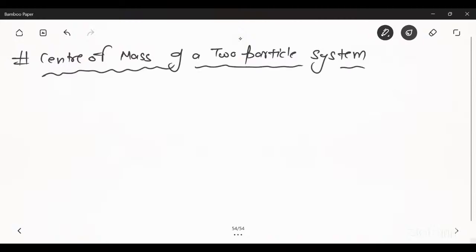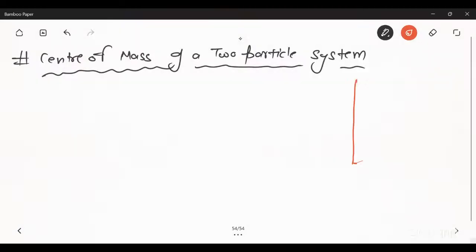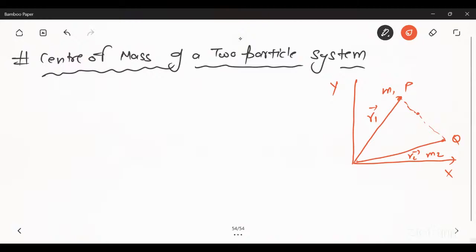Now, what are the two particles? Suppose there are two particles on the axes, x axis and y axis. Suppose that was the point P of mass m1 at position r1, and that was a point Q of mass m2 at position r2. So their center of mass is supposed to be concentrated at point C.